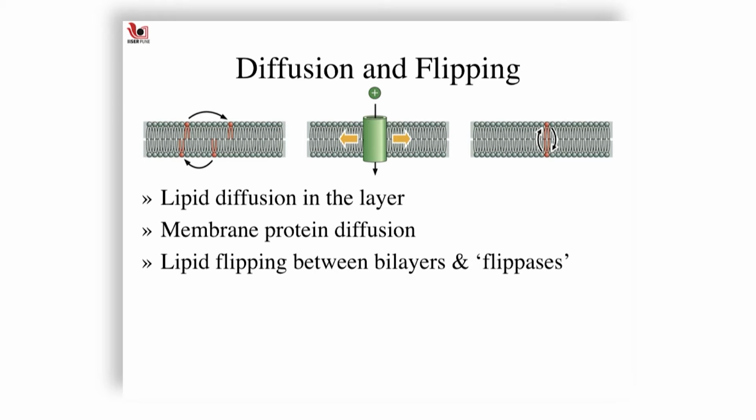Diffusion of lipids in the layer itself can take place, as well as flipping between the bilayers, both spontaneously as well as driven by enzymes called flippases, whose function is kind of obvious from the name, which encourages moving from one layer to the other. In addition, membrane proteins also diffuse in the membrane, and in some cases are capable of being channels and providing potential differences and creating more functional diversification.